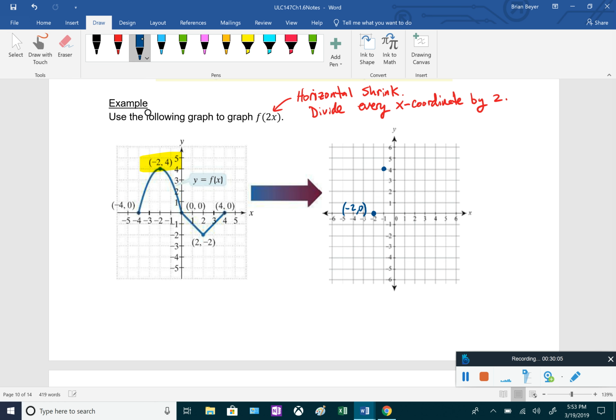So negative 1 comma 4. Next, we have the origin. The origin is going to stay put because 0 divided by 2 is still 0. And next, we have 2 comma negative 2. Divide 2 by 2, we get 1. So that's 1 comma negative 2.